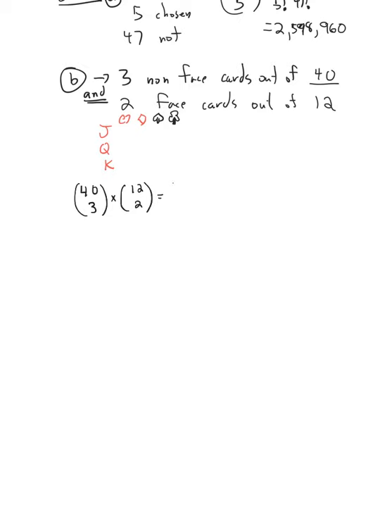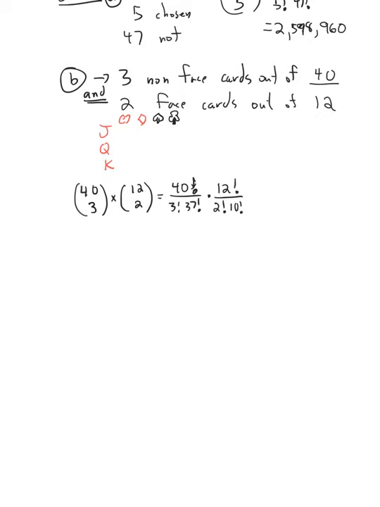This is 40 factorial over 3 factorial, 37 factorial, 3 chosen, 37 not chosen out of the 40, times 12 factorial over 2 factorial, 2 chosen, 10 factorial, 10 not chosen. And here's something: when you see the number you're choosing be really big or really small compared to the number of things that you have, you know there's going to be lots of simplification you can do.